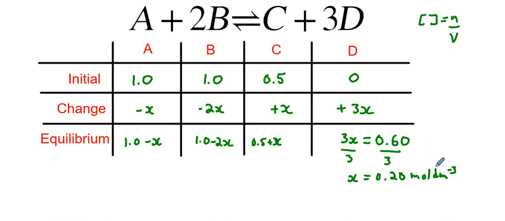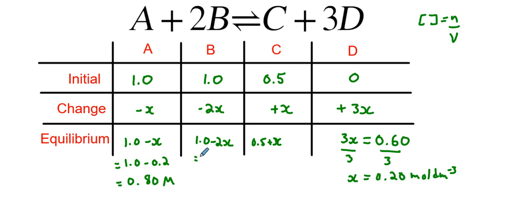Okay, so based on that information, I can then go and calculate all of the other equilibrium values. So over here, I can say, well, this is now 1, subtract 0.2. So this is going to be 0.80 moles per decimeter cubed. I'm going to write that down here as a molarity, M for short form of the moles per decimeter cubed.